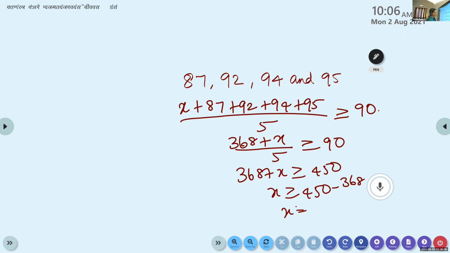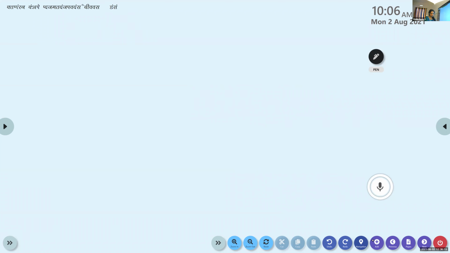So x is greater than or equal to 82. Now write the next one.